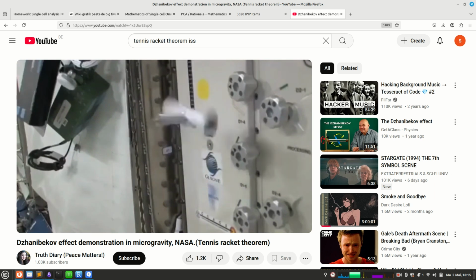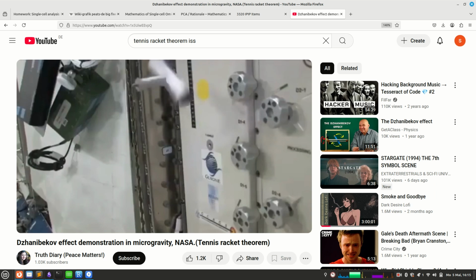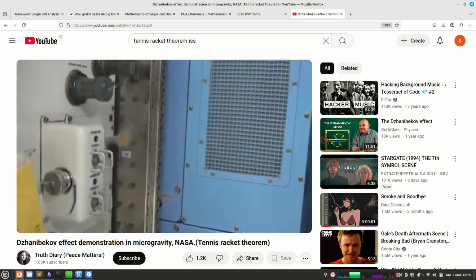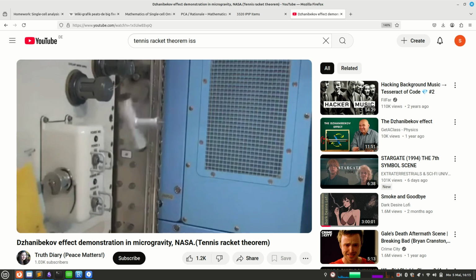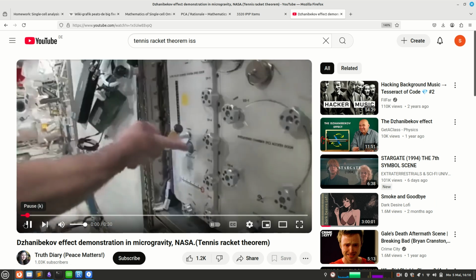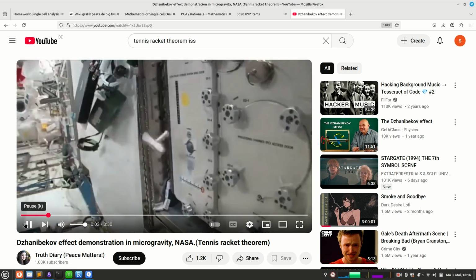And he tries to demonstrate what I can't quite demonstrate. If I rotate this thing around the intermediate axis, it starts to tumble, but unfortunately it falls down before you see it tumbling back and forth. But if you do it in zero gravity, you see this weird happening here, which is, I run it again, really weird.